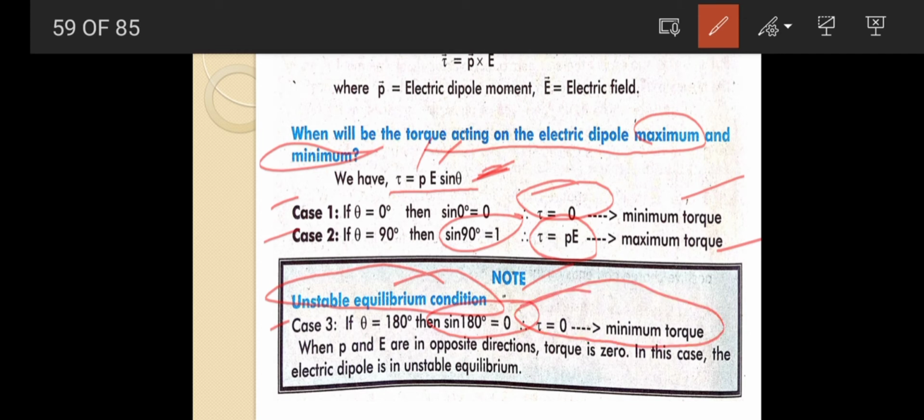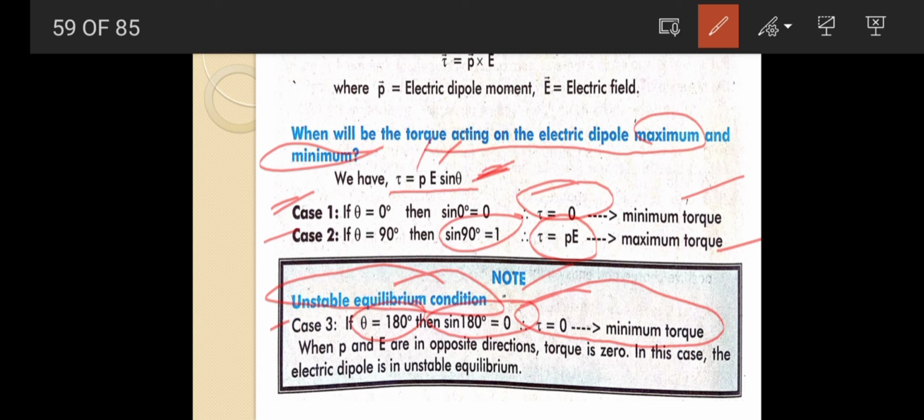You can observe that in case 1 when theta is equal to 0, tau is equal to 0. In case 3, if theta is equal to 180, then also tau is equal to 0, which means minimum torque. When the angle between the electric dipole moment and the electric field is 0, the dipole experiences minimum torque, and when the angle is 180 degrees, it also experiences minimum torque.